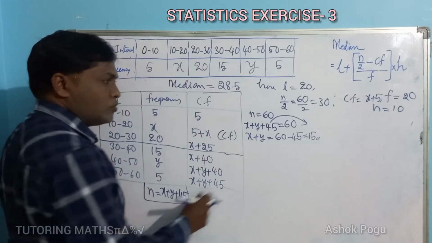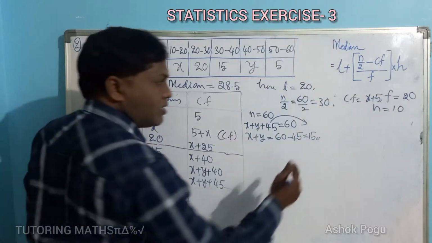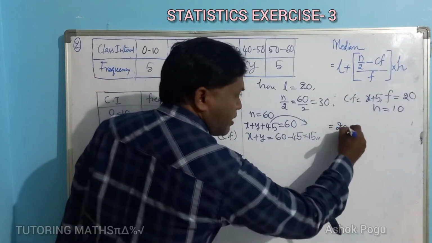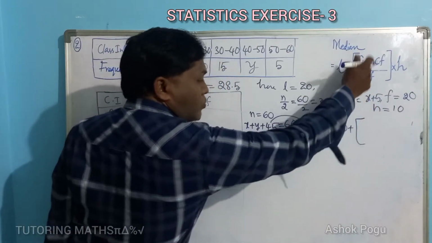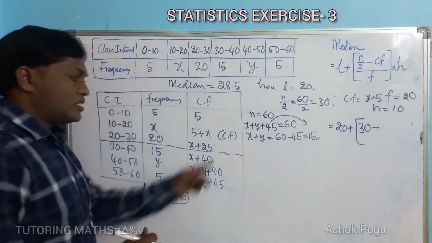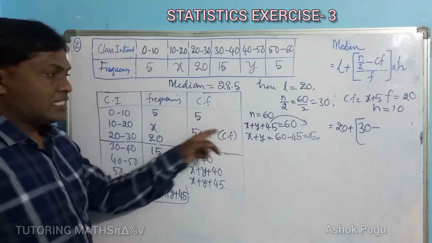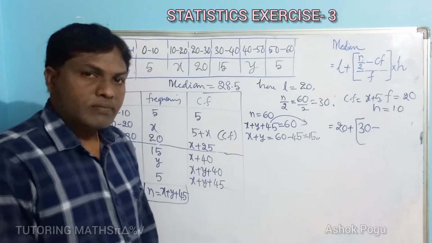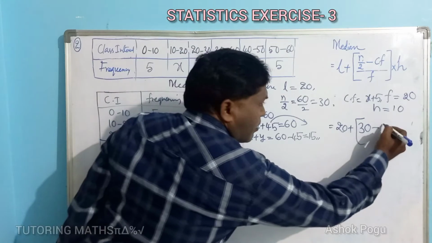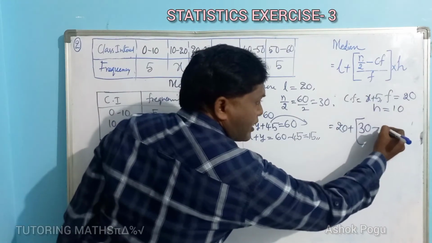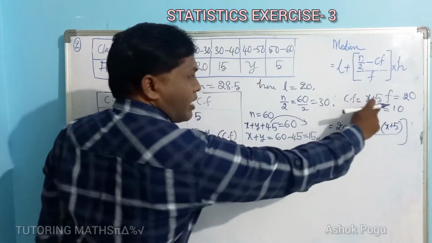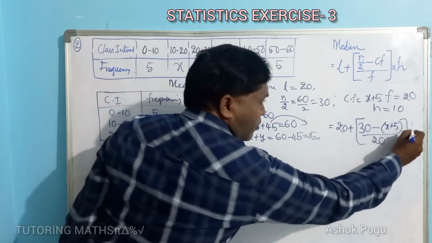Coming to the formula, let us substitute. Median is equal to L, which is 20, plus n by 2, which is 30 as we just got, minus cumulative frequency, x plus 5 or 5 plus x, divided by small f, what is small f? 20, into h.